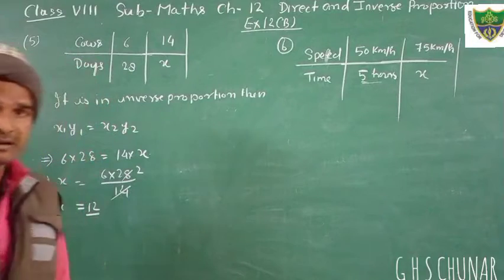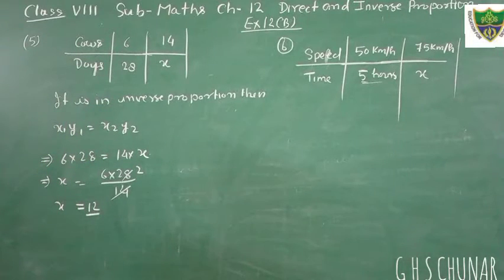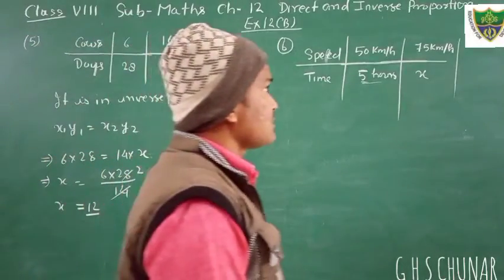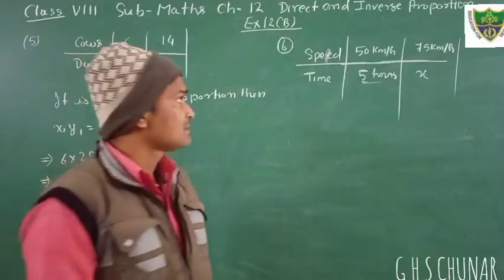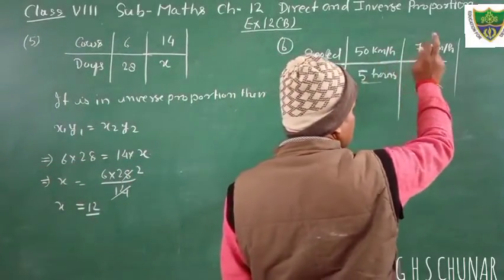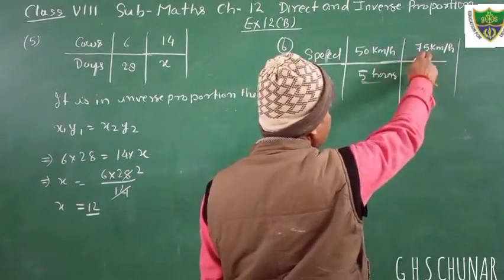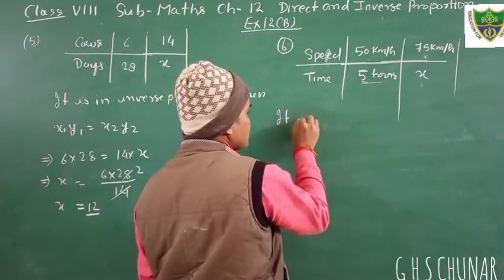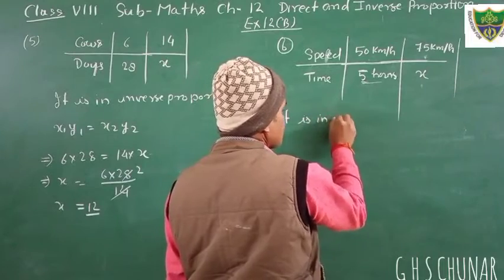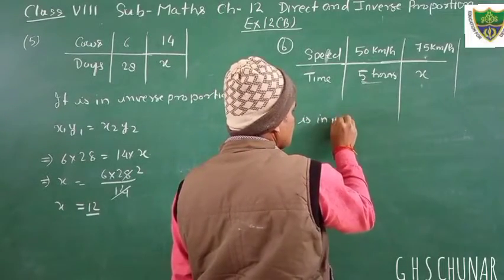Now it is in inverse variation, because when you increase the speed, the time taken to reach the destination will be less. If the first quantity is increased, then the second quantity will decrease. So it is in inverse variation.